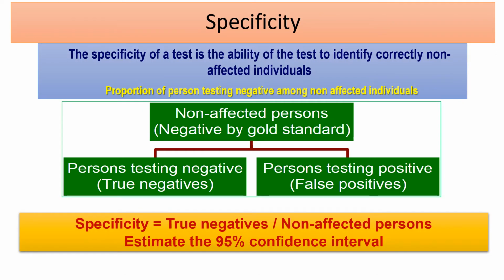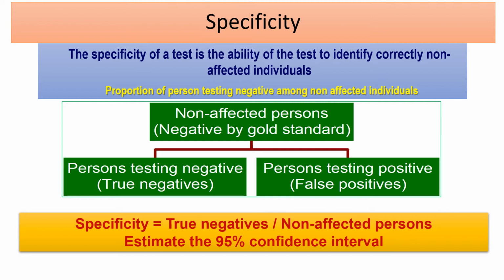The second concept is specificity. The specificity of a test is the ability of the test to identify correctly non-affected individuals. Or in other words, it's the proportion of persons testing negative among non-affected individuals. So we can divide the non-affected persons in two parts.